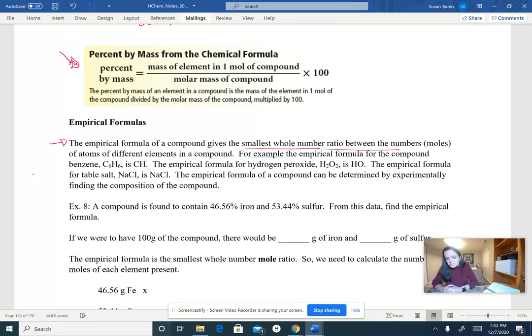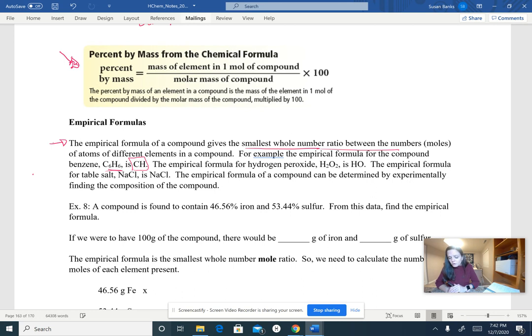Okay? For example, the empirical formula for the compound benzene is C6H6. We have a common factor in 6 and 6, don't we? It is 6. So if I divide both of them by 6, I get one of each. I will get one carbon and one hydrogen.